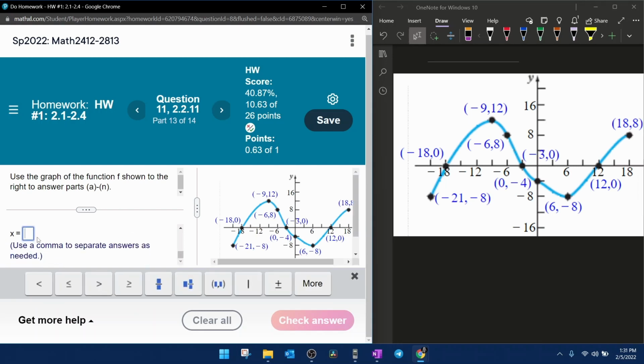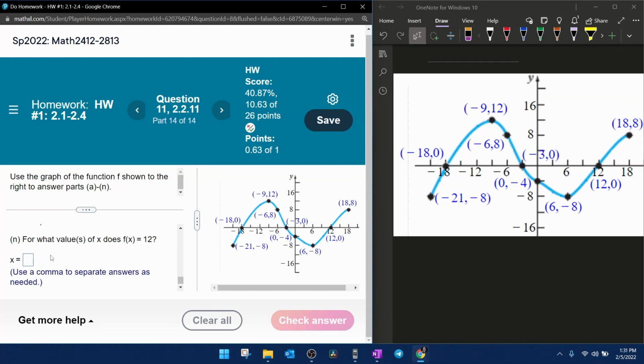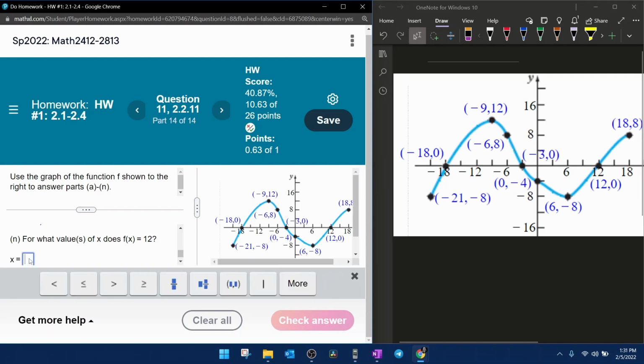It shouldn't matter what order you put those in. Just make sure you put the comma. And last part, for what values of x does f of x equal 12? That's going to only be one value of x, which is negative 9.